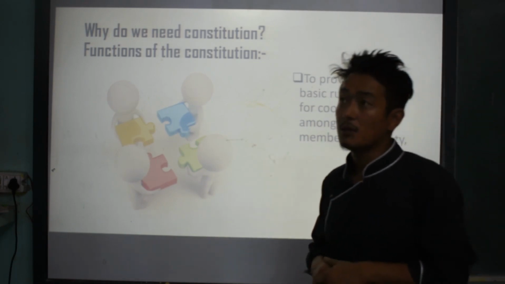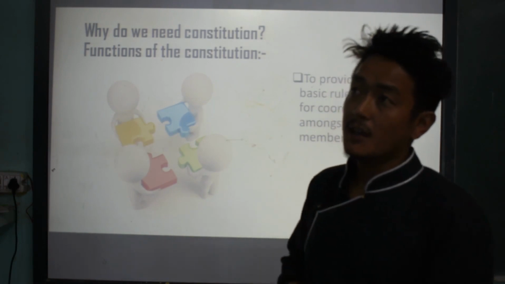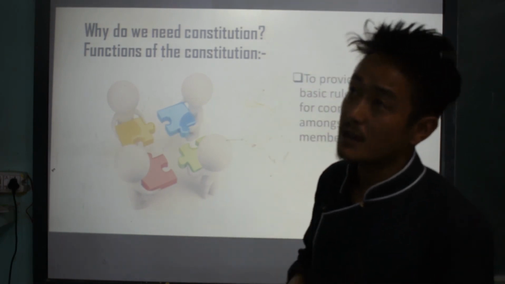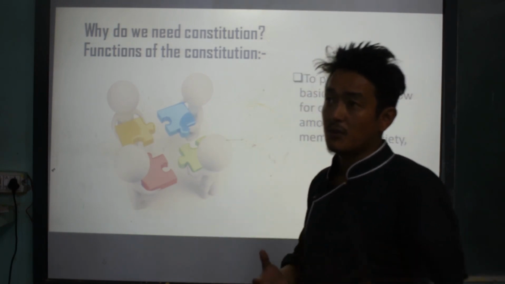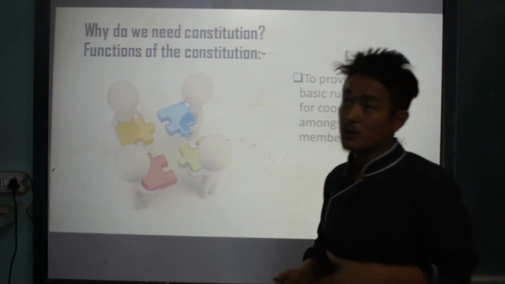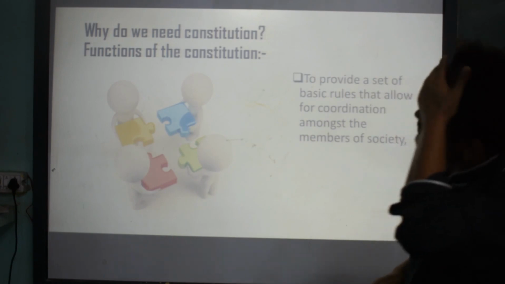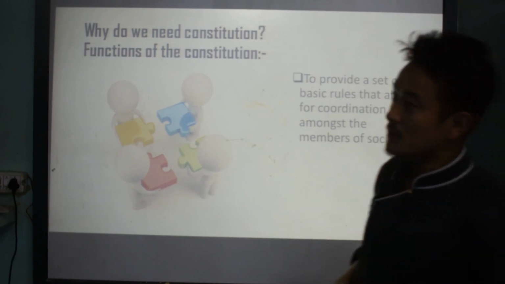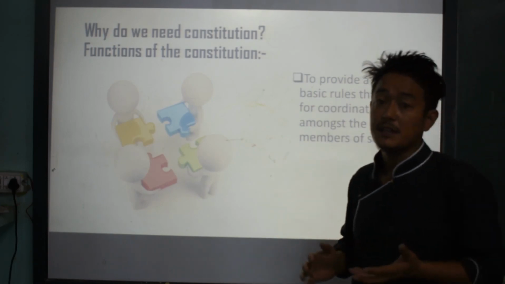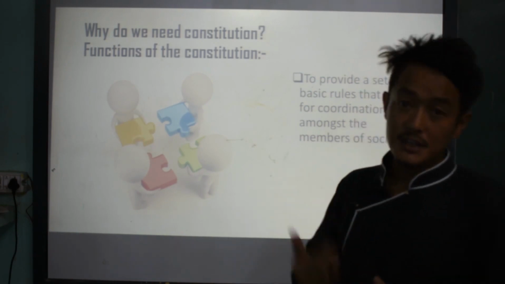Now let's take an example of a society, a considerably large society, filled with a number of people with different backgrounds, different beliefs, different perceptions, different ideologies. So it is very likely that we are going to see a number of conflicts within the members of the society. But at the same time, since they are living in a society, they have to live together, and they are dependent on each other.